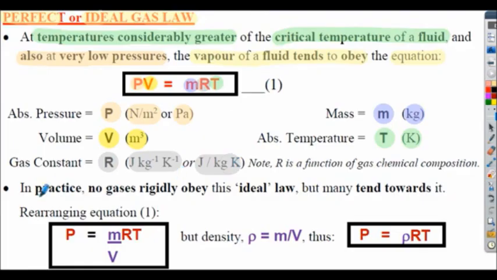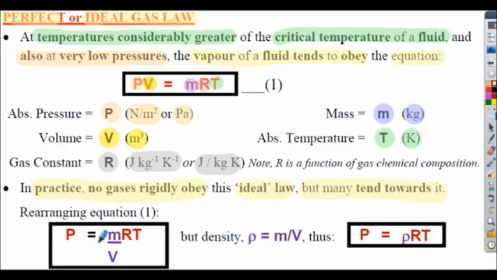So as it states here, in practice, no gases rigidly obey this ideal or perfect gas law, but many tend towards it, so that's why it's a useful addition to the gas laws. I have just shown slight rearrangements here of equation 1.